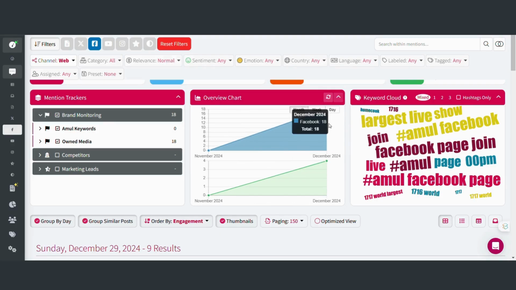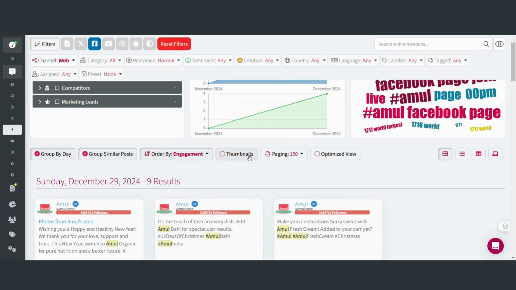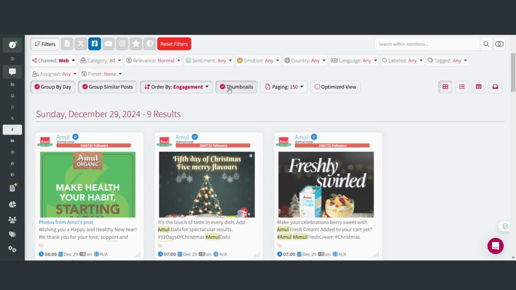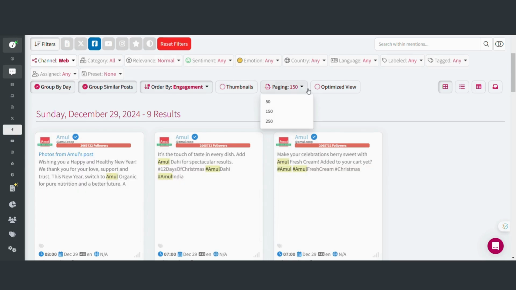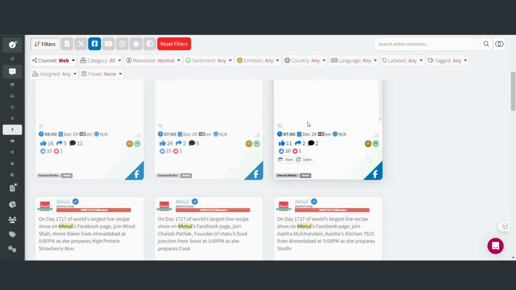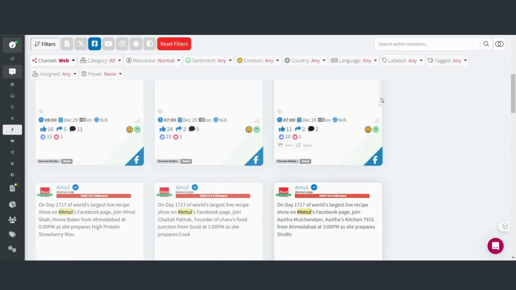And again, this seems to be a common trend, with December having more mentions as compared to November. Here you also have in the examples tab an option to look at the thumbnails or not. There are much more options for filtering and viewing all of these Facebook posts as per your needs.